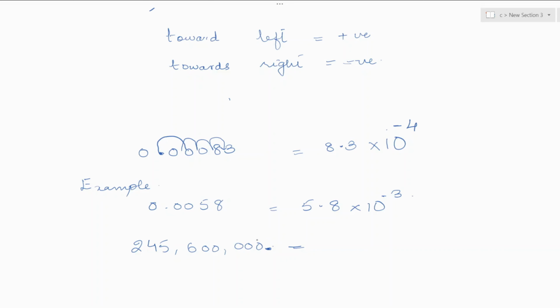Let's move it: 1, 2, 3, 4, 5, 6, 7 and 8. So it would be 2.456 into 10 raised to power 8. Okay, good.